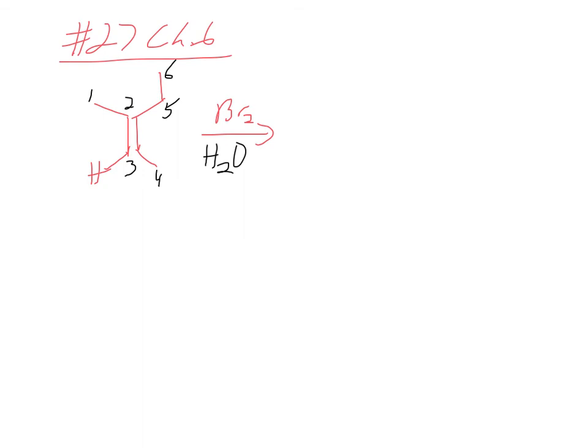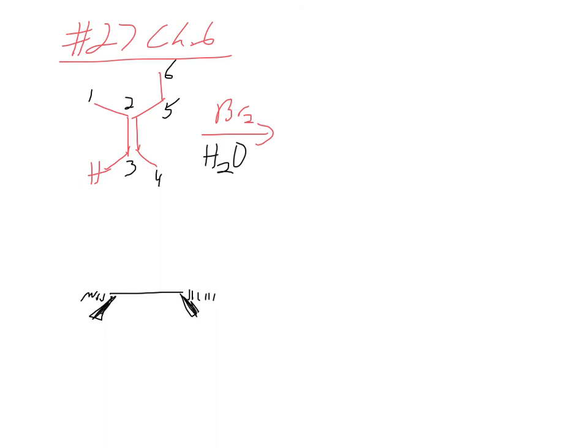So we all know carbon 1 and H are on the same side of this alkene. Carbon 5 and carbon 4 are also on the same side of the alkene. So when we draw this, the bromonium ion can either be on the top or on the bottom. The way I like to draw them, you don't have to do it this way, I think it's just easier to see. I will just draw it out initially like this.